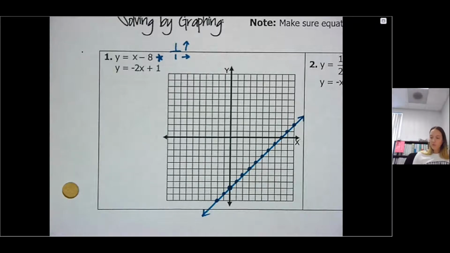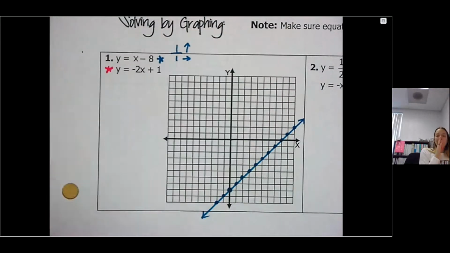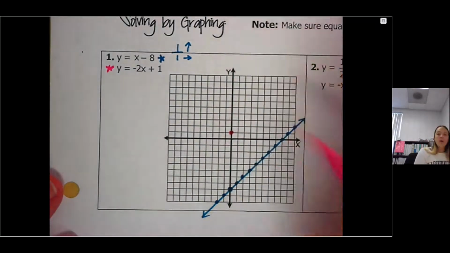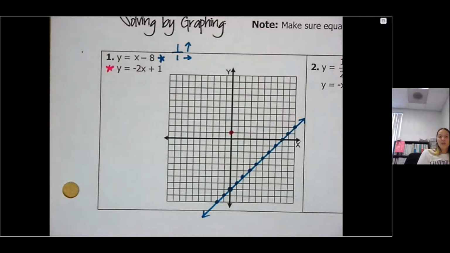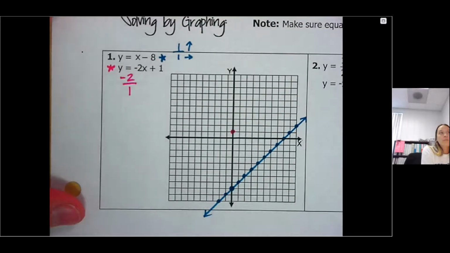Okay, let's try the second one. My second equation is y equals negative 2x plus 1. Where should I start my graph? 1. So it's positive 1, so you're going to go up 1. Okay, what is my slope for this problem? Negative 2 over 1. So which way does that take me?